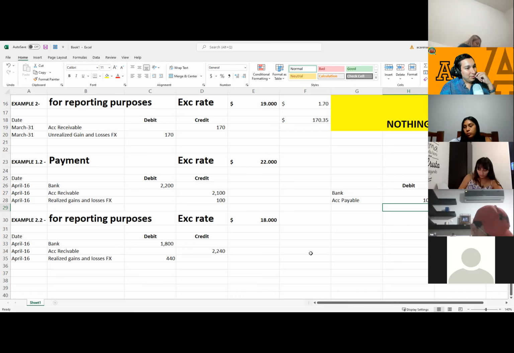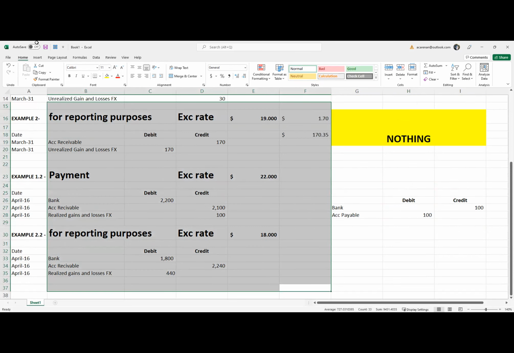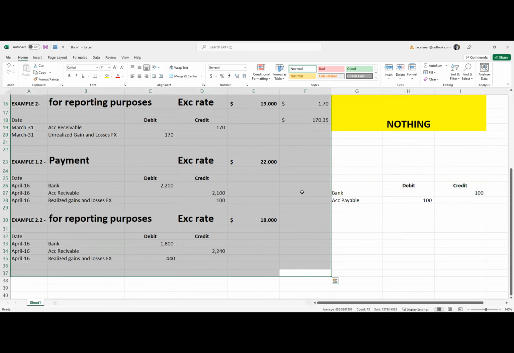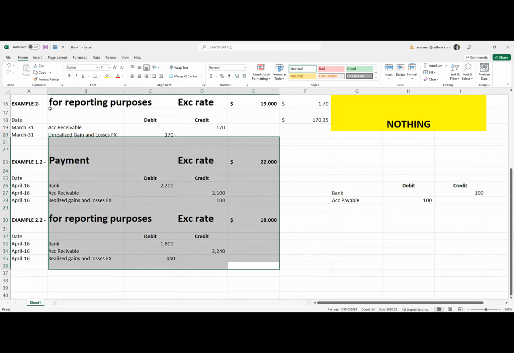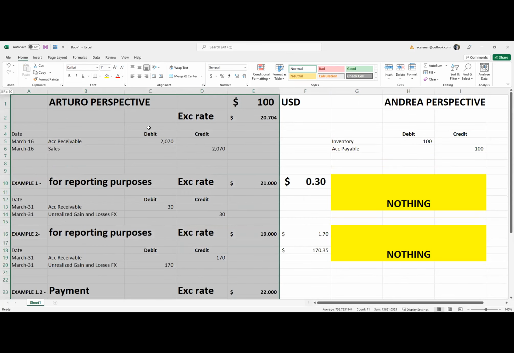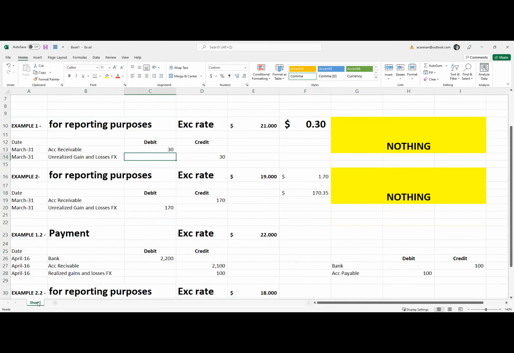So before deciding, yes, Arturo, it sounds very good to be paid in US dollars, but take a look at all the work that represented for you. I will show you Arturo accepting the risk.